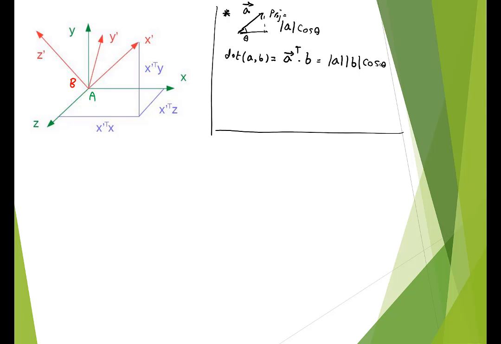From this, we can find the projection as the dot product divided by the length of vector B. Now to find the projection on vector B, we multiply this by the normalized vector B. This would be the projection of A on B.